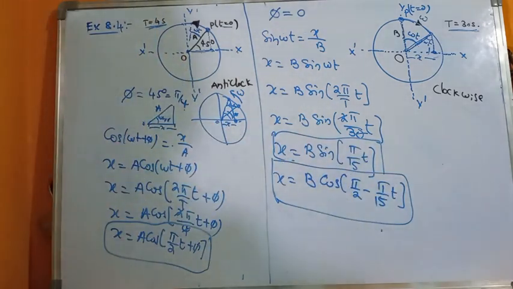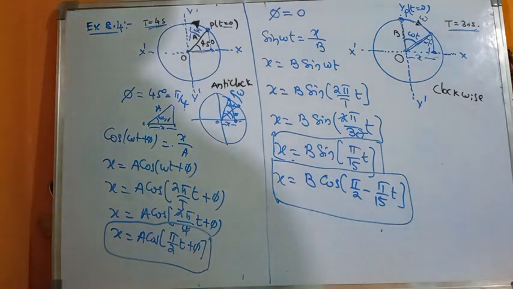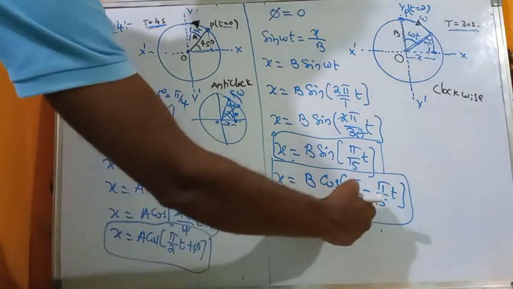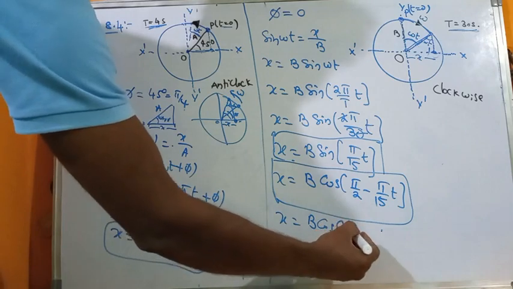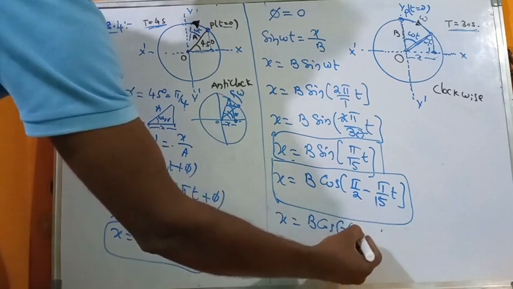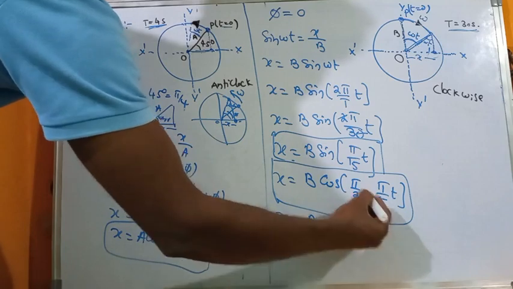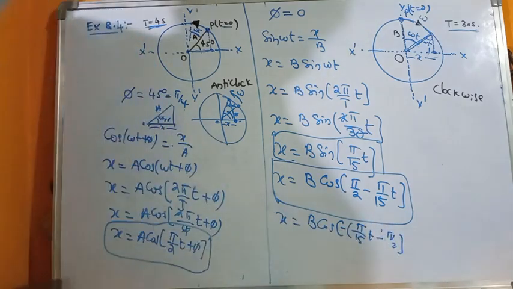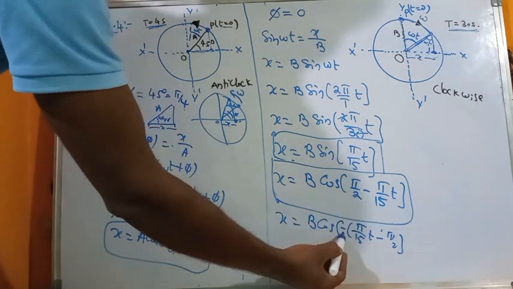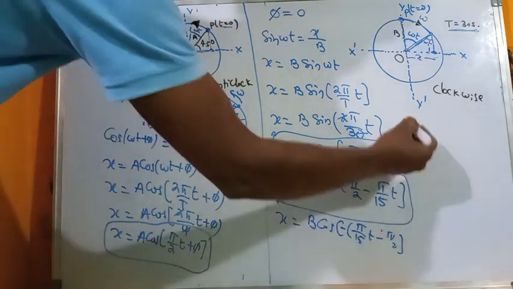And also we can express it like this: x is equal to b of, if you take minus common in this bracket, minus of pi by 15 into t minus pi by 2. If you multiply into the bracket, we get the same thing, that is minus pi by 15 into t, minus into minus, plus pi by 15 into t.